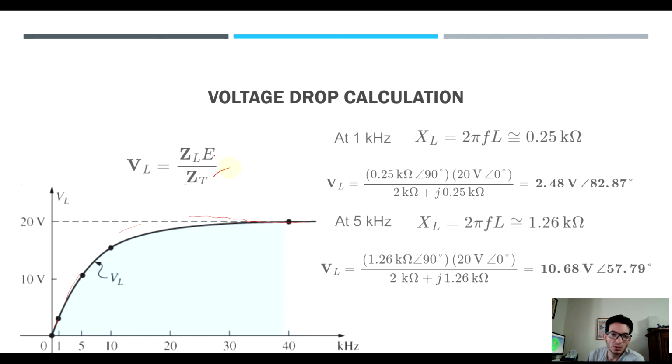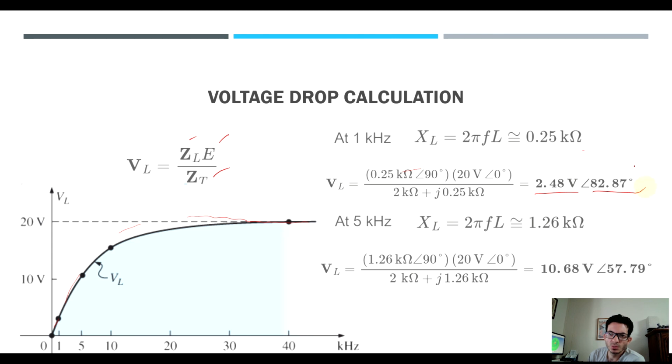You simply have to compute the voltage drop at changing frequencies. So for instance, at 1 kilohertz, the reactance of the inductor is 0.25 kilo ohms. You would write down that value and it will give you 2.48 volts.